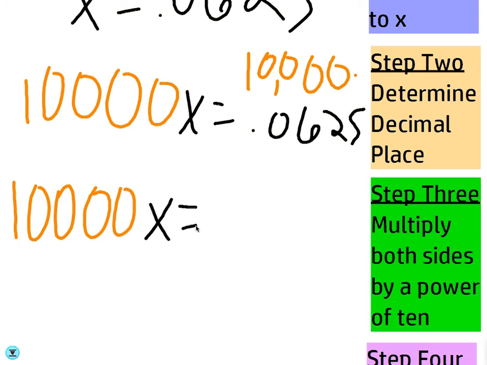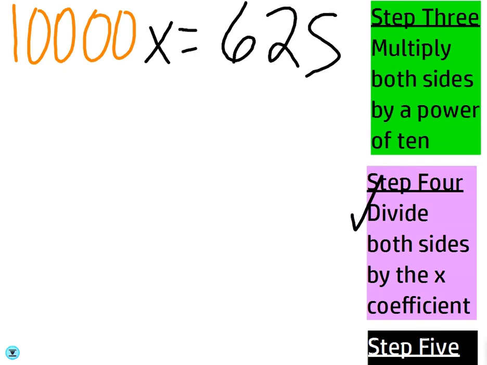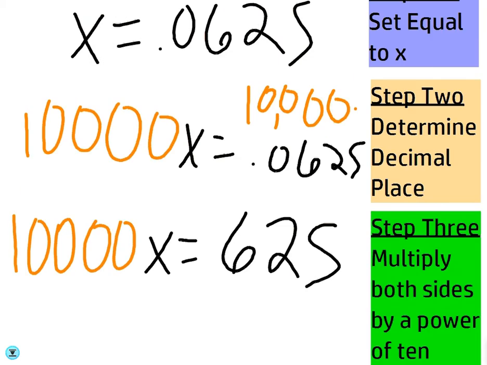Does anybody know what 10,000 times 0.0625 is? Yeah, good, 625. The 0 in the front doesn't matter, right? It just becomes 625. All right, so now we're going to divide both sides by 10,000.